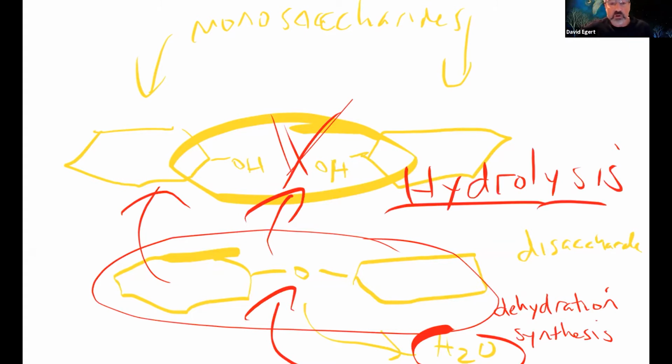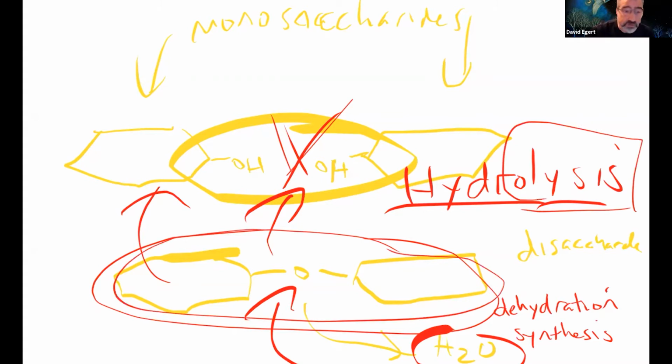So the word hydrolysis just comes from the fact that you have to add a water molecule in order to complete this reaction, and it results in breaking this thing into separate pieces. So hydrolysis just means breaking apart and using a water molecule in the process. Okie dokie.